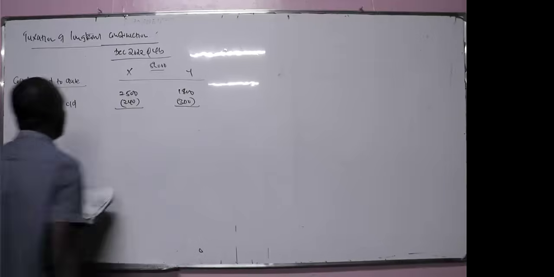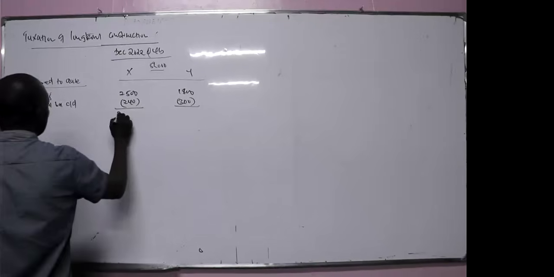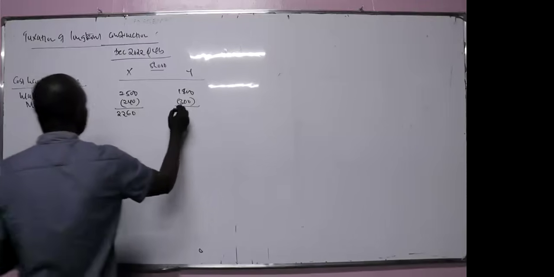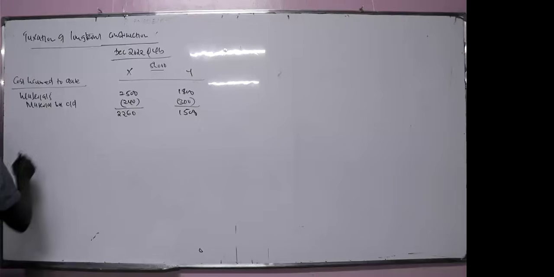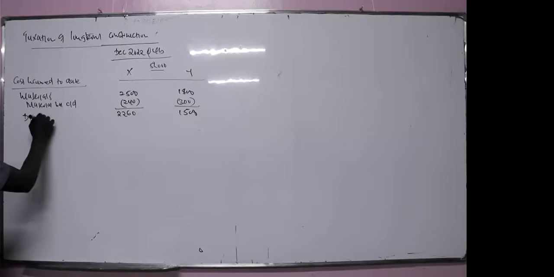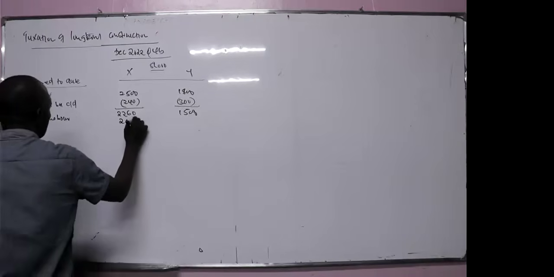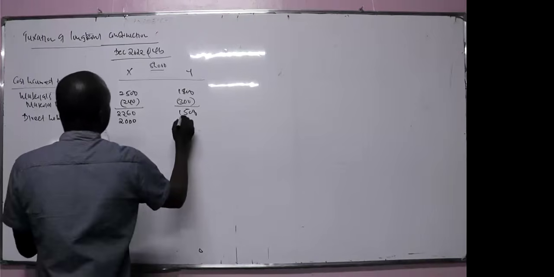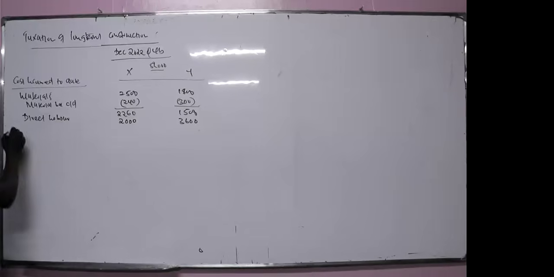So that was to give us the cost of material. 2260, 1,500, isn't it? We have direct labor. Direct labor, this is 2,000, 3,600, isn't it?